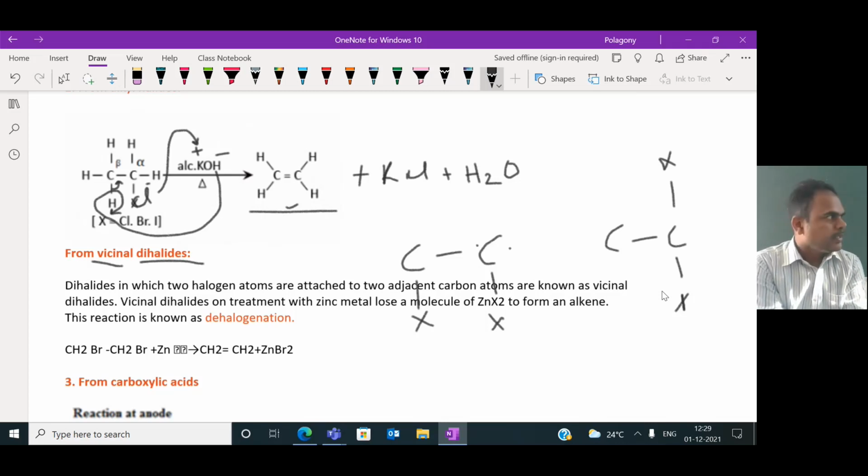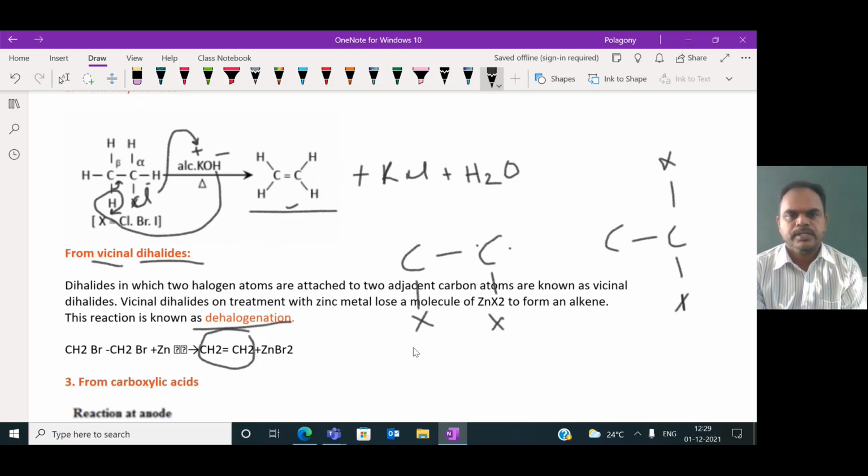That means dihalides are of two types, vicinal and geminal. Vicinal halides and geminal halides are treated with zinc metal, then we can get the alkenes. This process is called the dehalogenation process, the removal of halogens by using zinc metal.